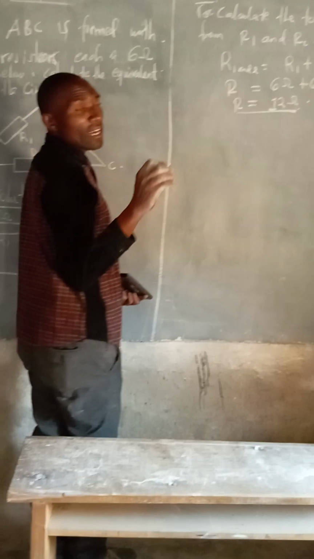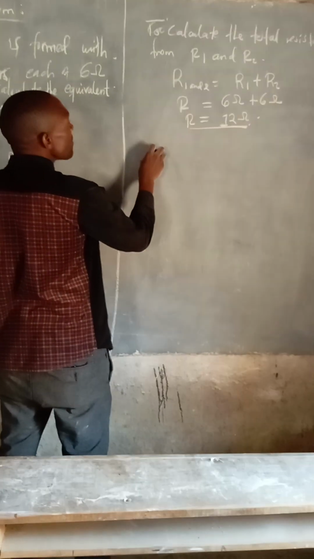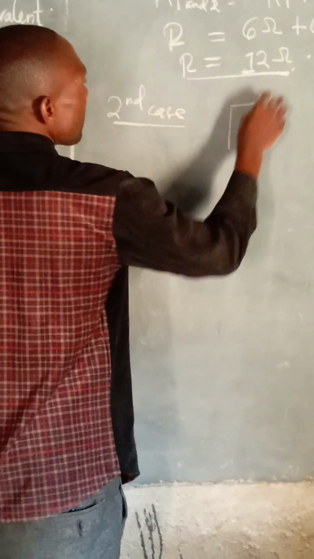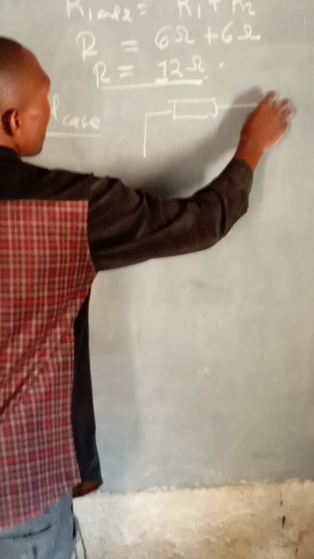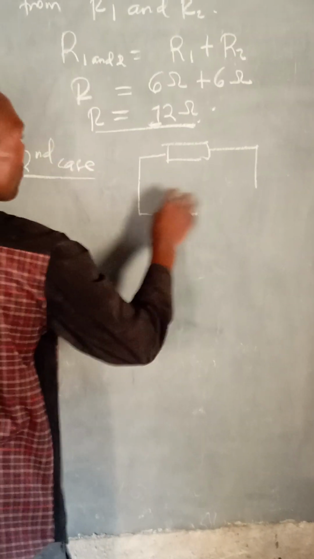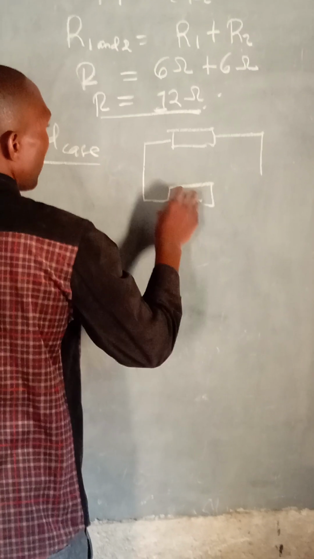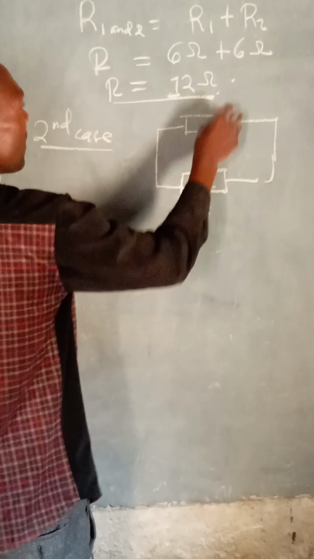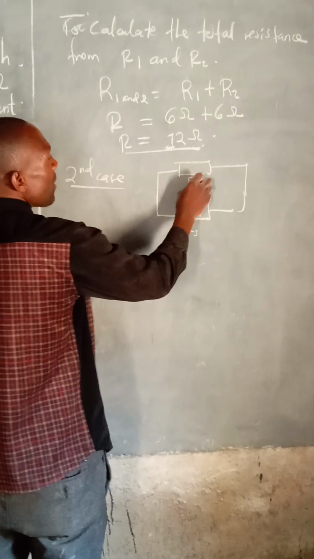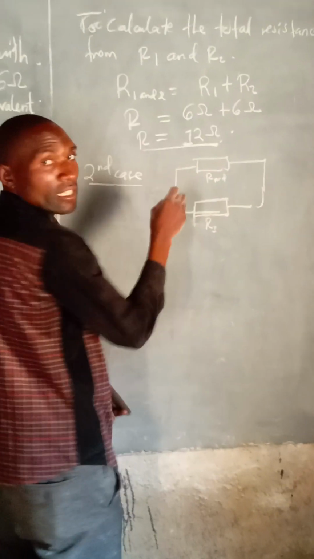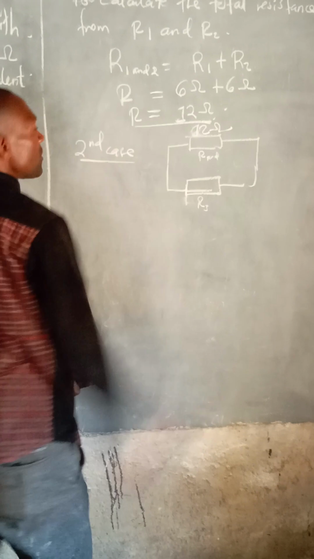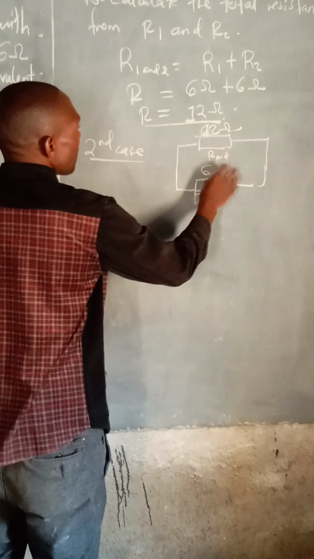And the diagram is changed. In the second case, the diagram is changed. This one is resistor 3, and this one is resistor 1 and resistor 2 together, which is 12 ohms, and resistor 3 is 6 ohms.